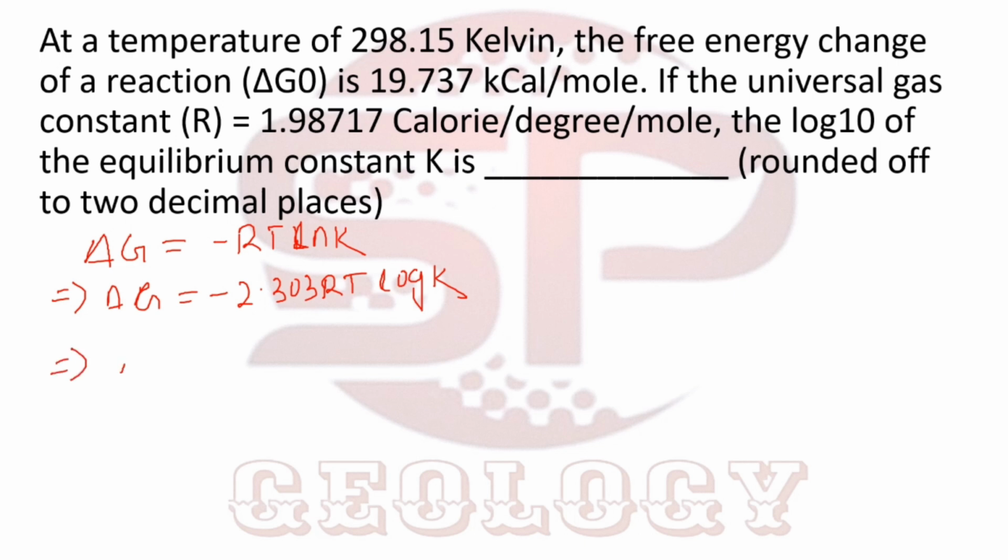So log K will be delta G divided by minus 2.303 RT.